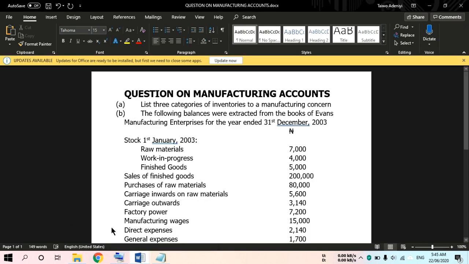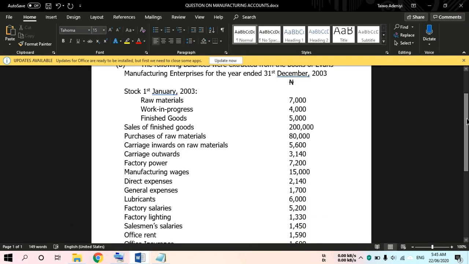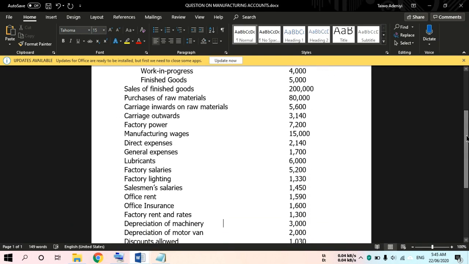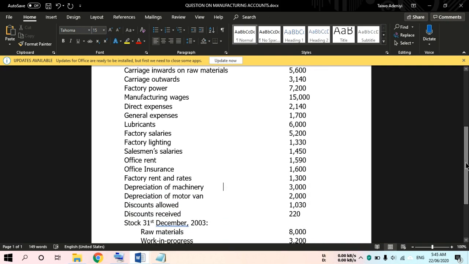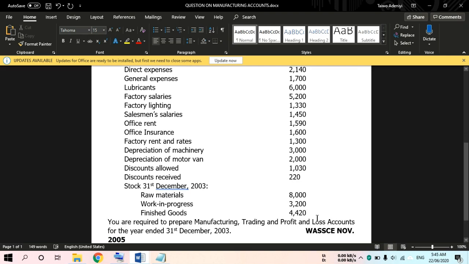Let's check the items. Okay. Here we need to look for the closing stock of finished goods. The closing stock of finished goods is 4,420 naira.